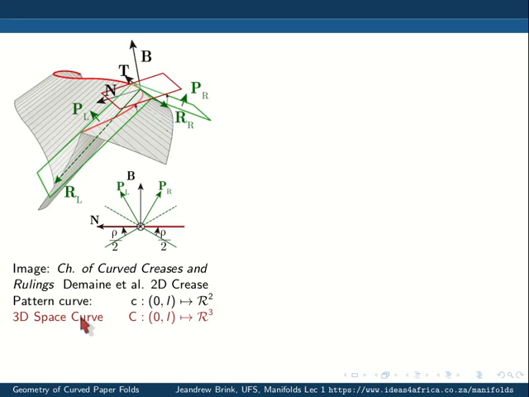Here the small c is just the flat circle. When I bend the paper, then you get this 3-dimensional curve. That's the big C, which has three-dimensional components. That's what I call the space curve.